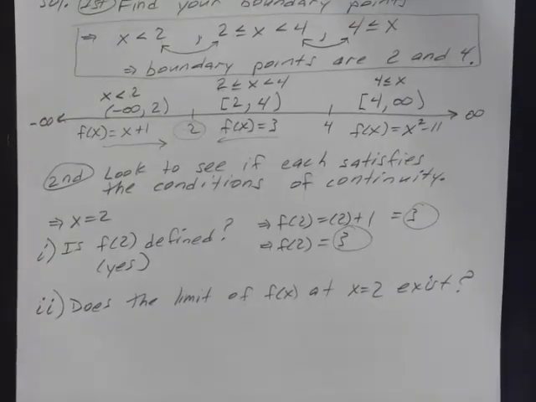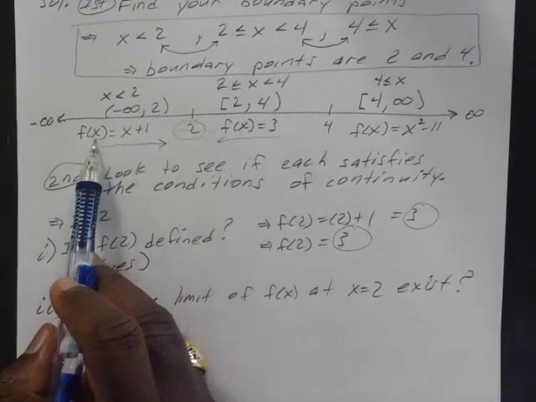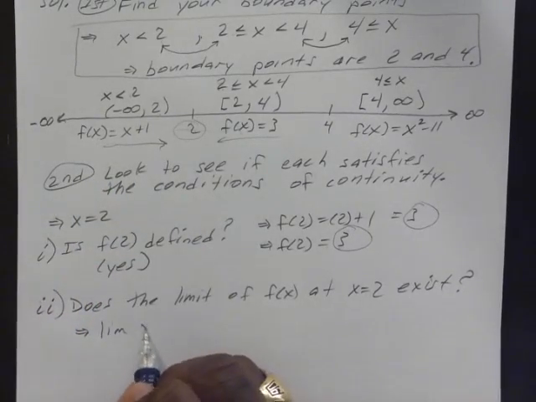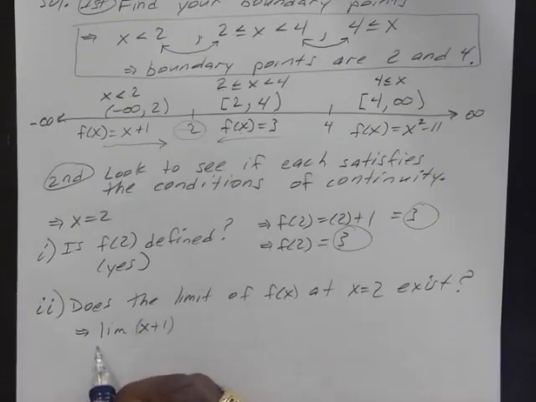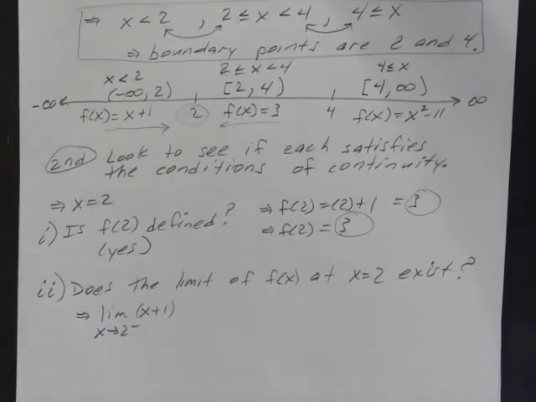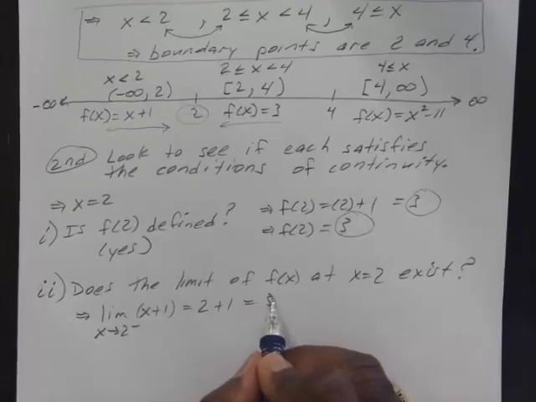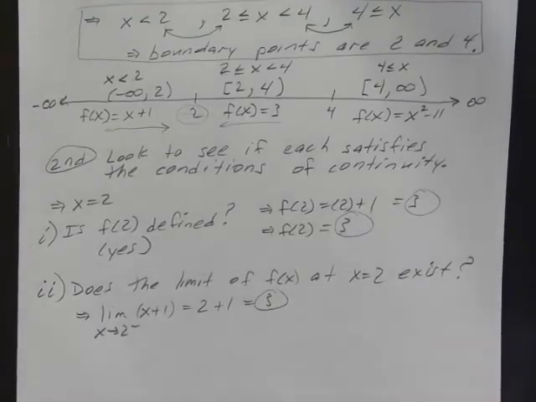And the reason why is because if you take the limit as you approach 2 from the left, then that's the limit of x plus 1 as x approaches 2 from the left. Where if we do our direct substitution, that's just 2 plus 1, which is 3, which is what we already did up here.